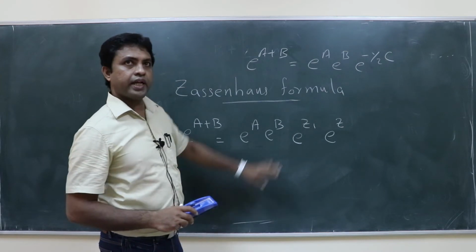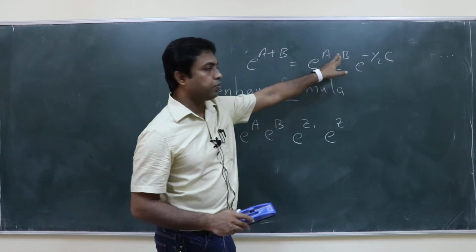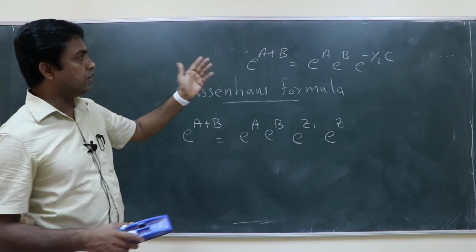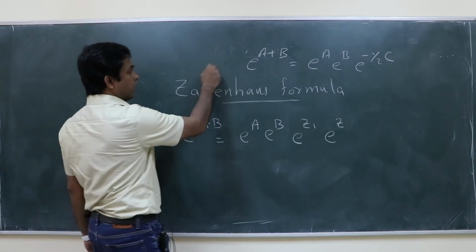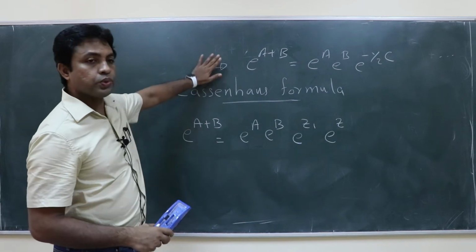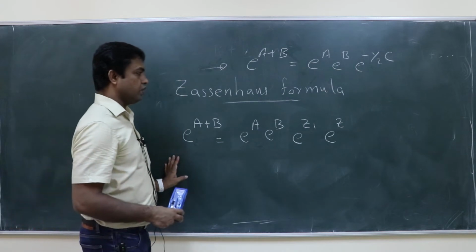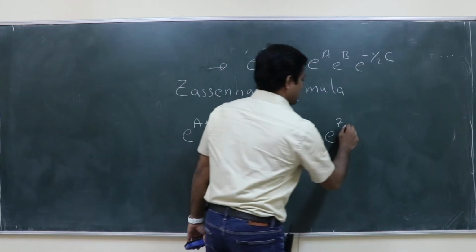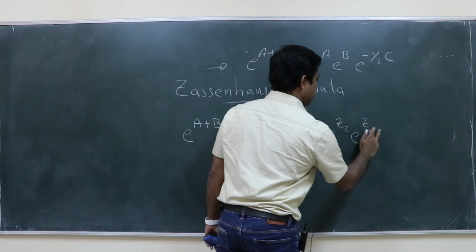I am leaving that to you, because you can take e power A into e power B as some g of lambda and expand it, and see whether you are able to get this proof. This exercise is possible to prove very easily, so take it as an exercise. But this one is a long proof, so we just state the result. But these things we need to apply at so many places.